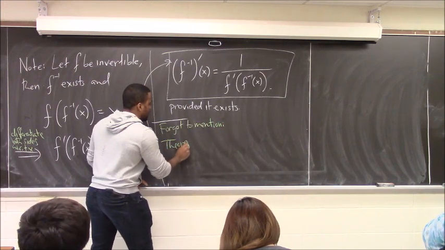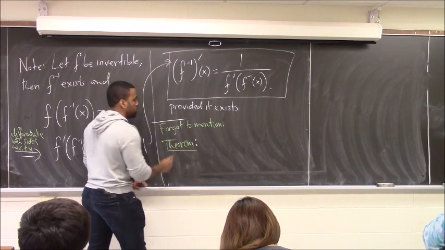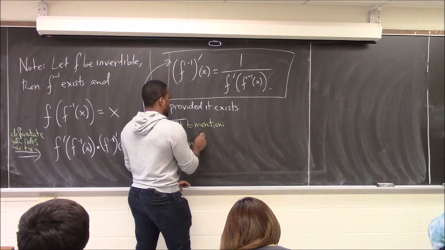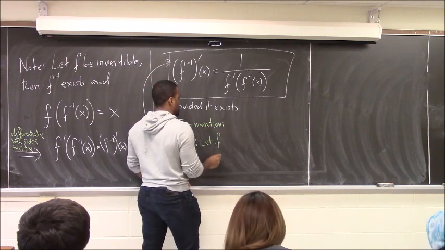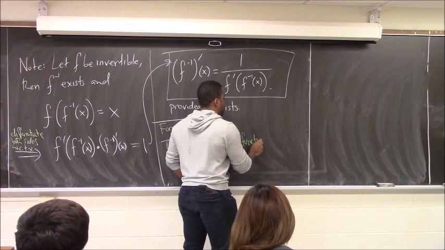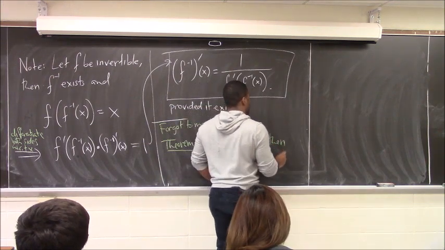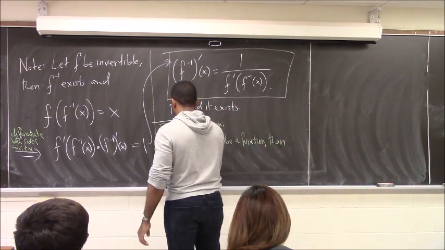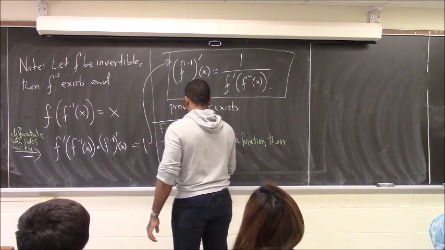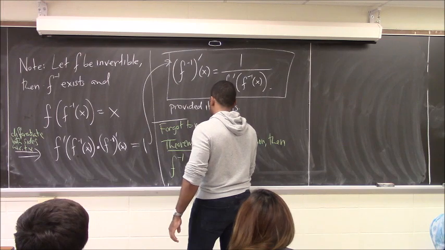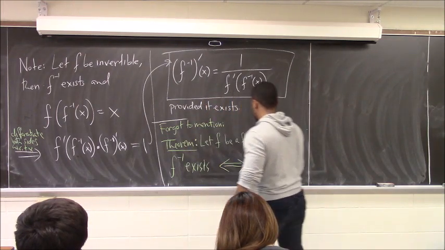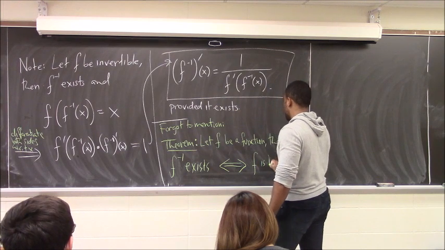This is something that you would have to prove that says if f is a function, then f inverse exists, meaning f is invertible, if and only if f is bijective.